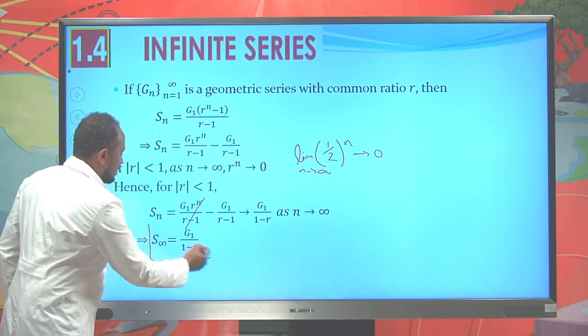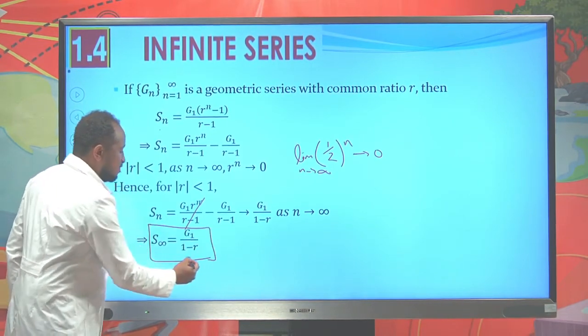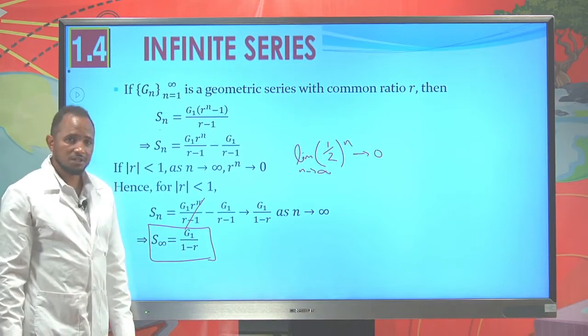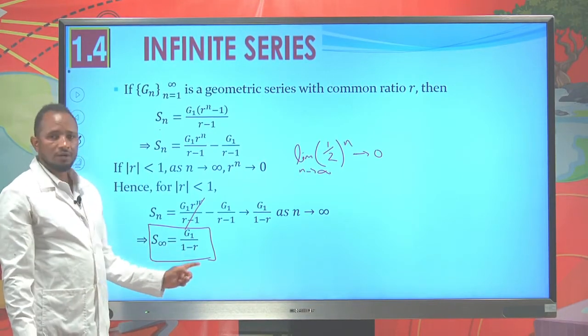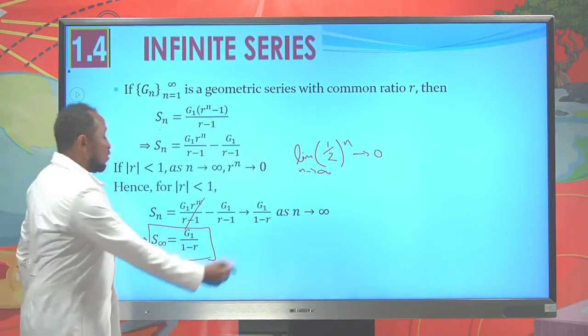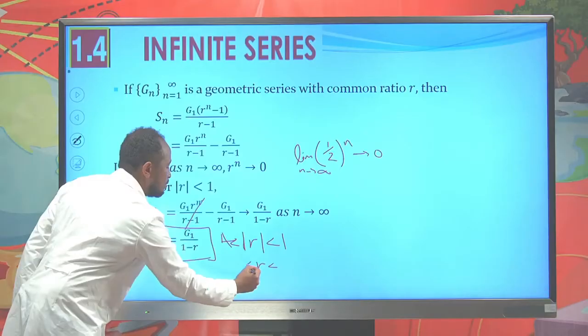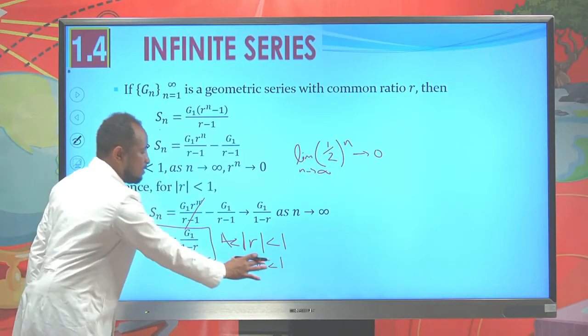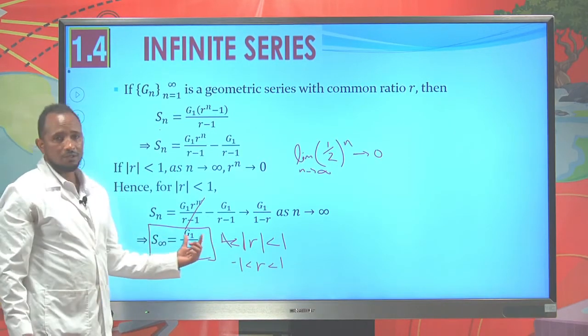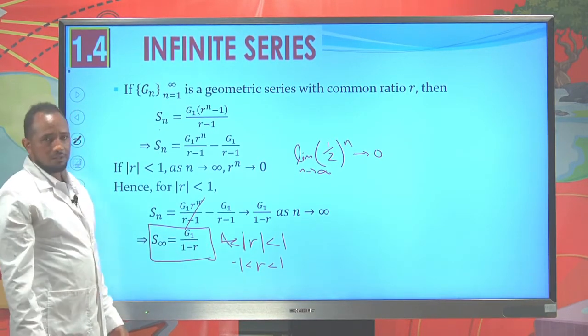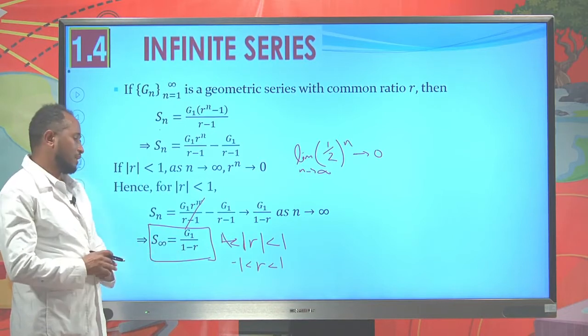The sum of an infinite series is given by g1 over 1 minus r, where the absolute value of r is less than 1, or r must be between -1 and 1. It is only for this case we apply this formula. Otherwise, we can't. The series will diverge in that case.